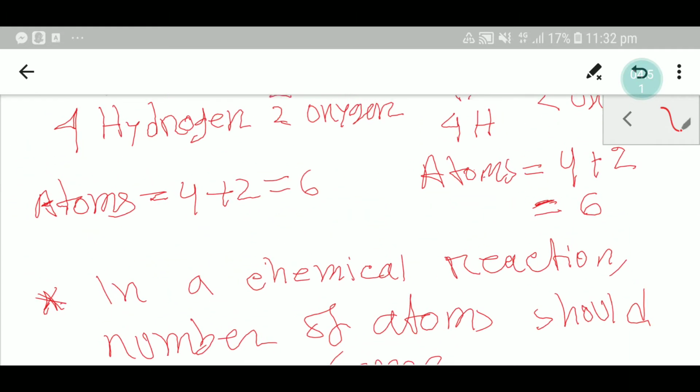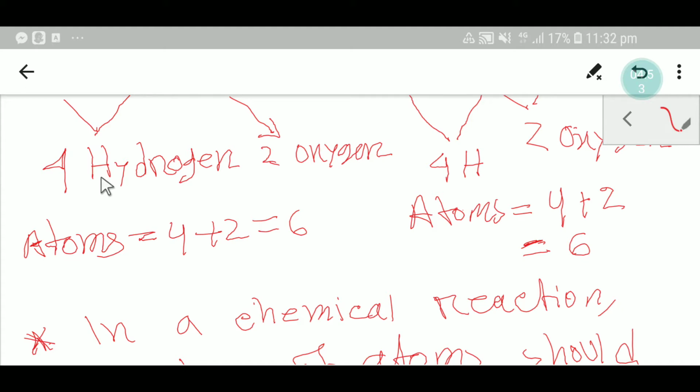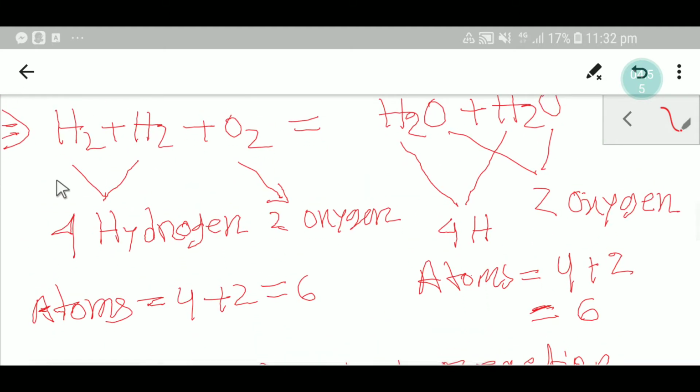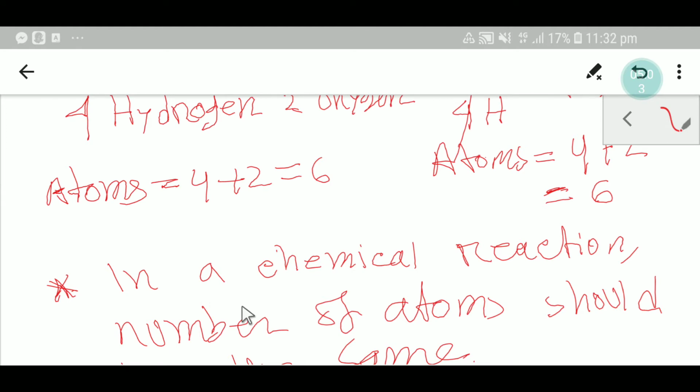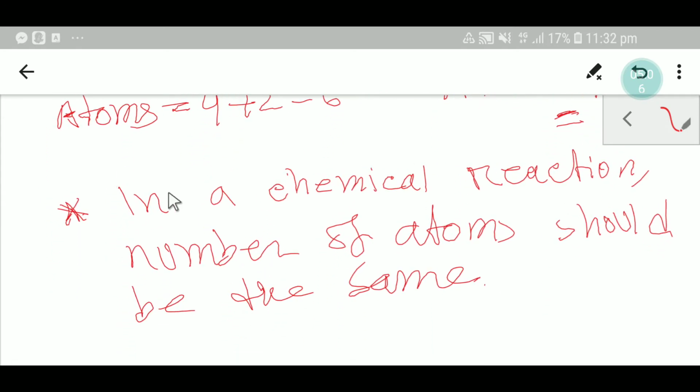If in a chemical equation the number of atoms is equal, then the mass should be equal.